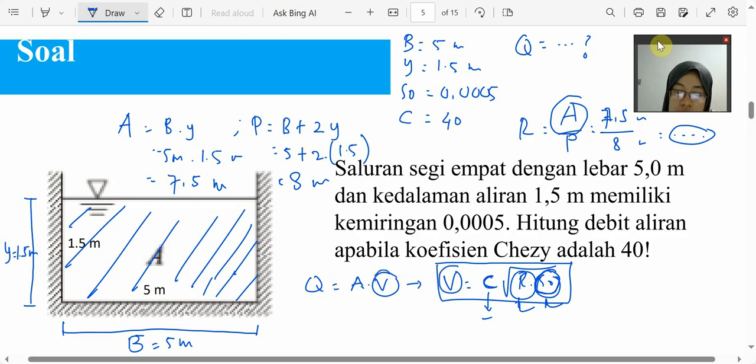When we have calculated the velocity, we have the number here, and also we already have A. We can calculate the Q, the discharge.